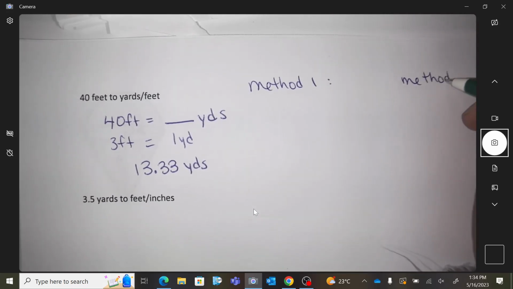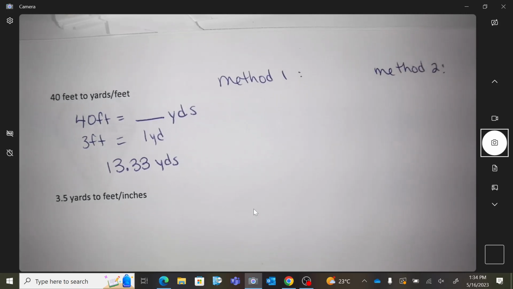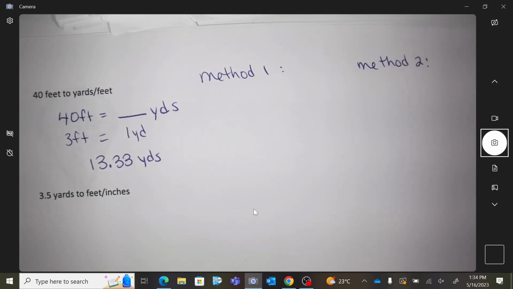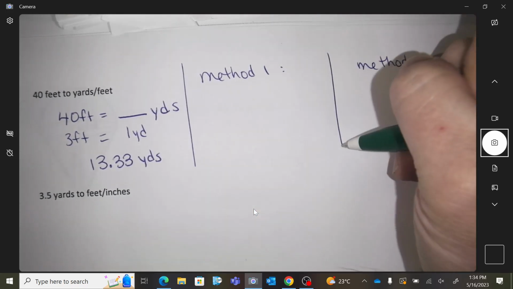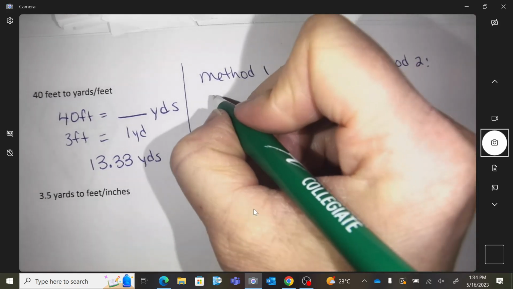Again, don't do both methods. Do which one your brain says makes more sense. So you finish it out and I'll write my methods and then we'll look to see if we're the same.